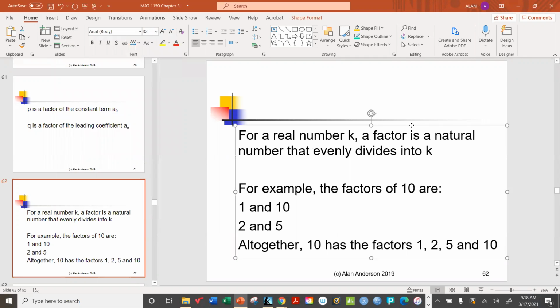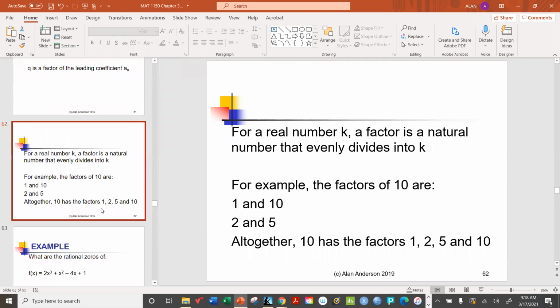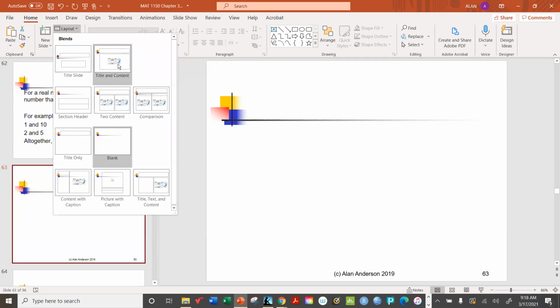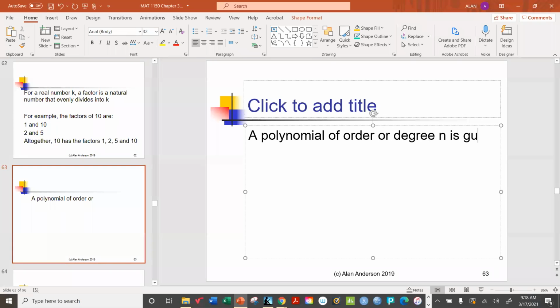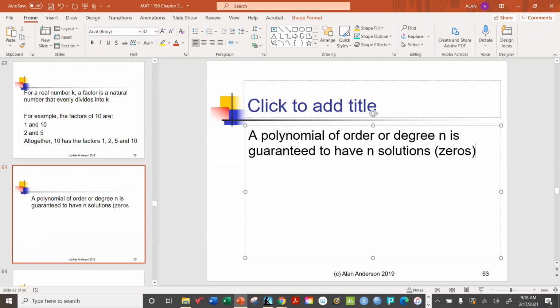Also, you might remember one of the videos guaranteed that a polynomial, and I just want to throw this in as a reminder, a polynomial of order n or degree n is guaranteed to have n solutions or zeros, although some of them may be complex.